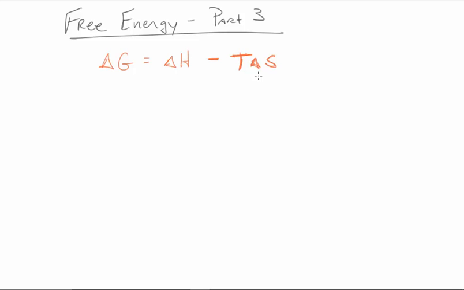Gibbs' energy equation uses this enthalpy of reaction value to indirectly calculate the entropy value of the surroundings. And then I've got my entropy value here, and so really what we're doing is using Gibbs' energy equation to calculate that overall entropy change for the universe. All right? Okay, now that's conceptual.